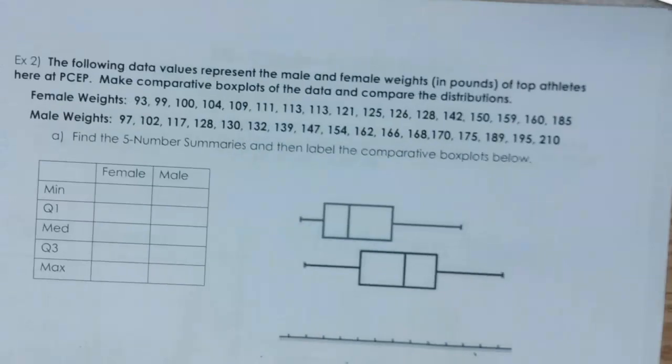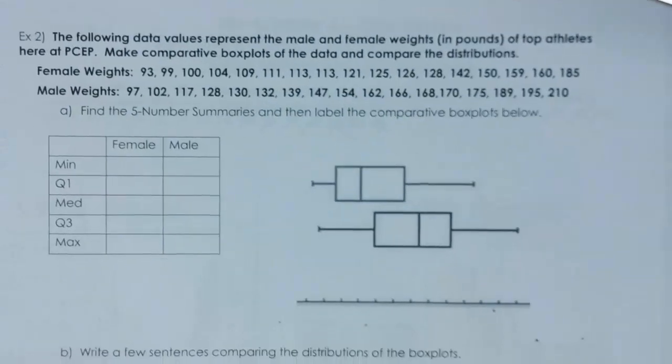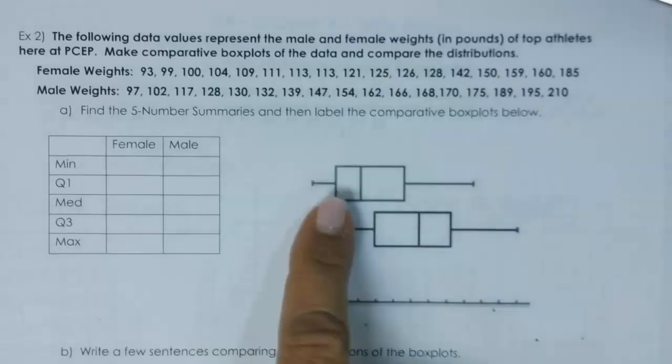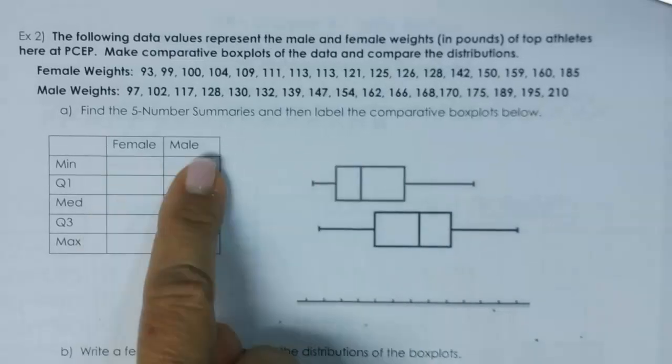In example 2, it says the following data values represent the male and female weights in pounds of top athletes here at PSEP. It asks us to make comparative box plots of the data and then compare the distributions. So we have distributions for the female weights and the male weights.